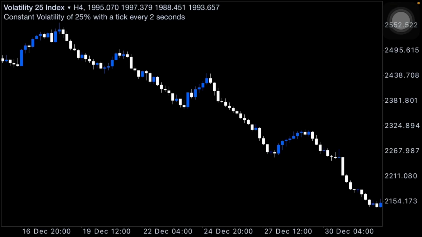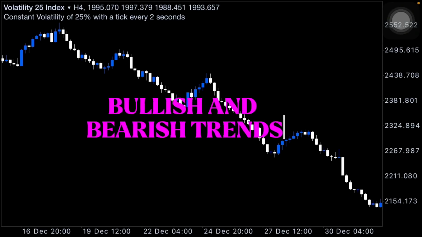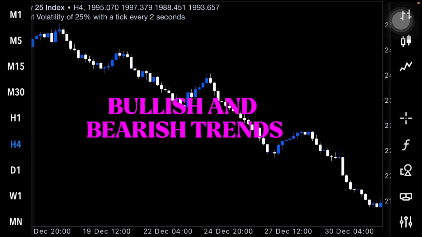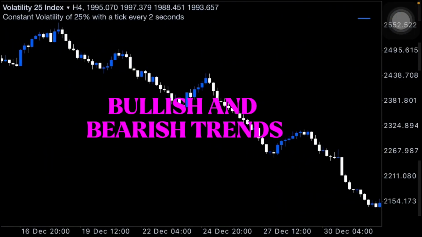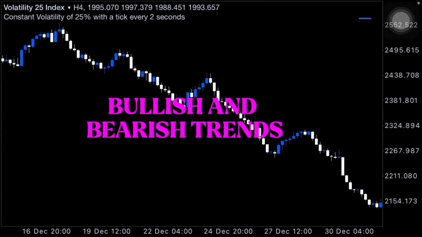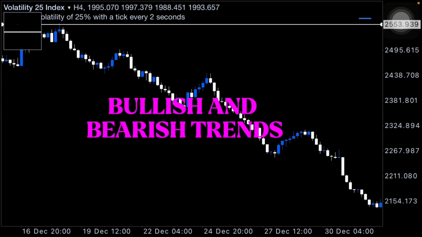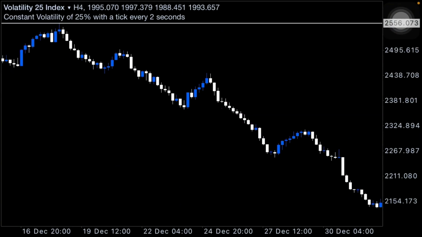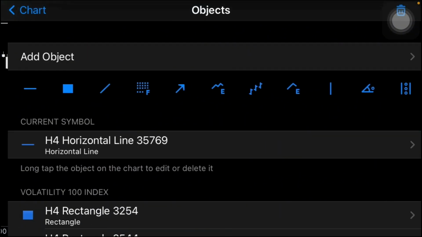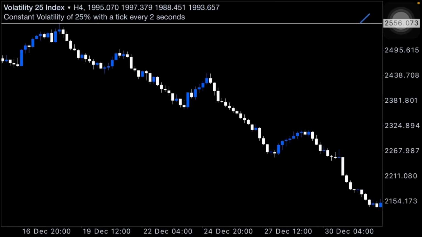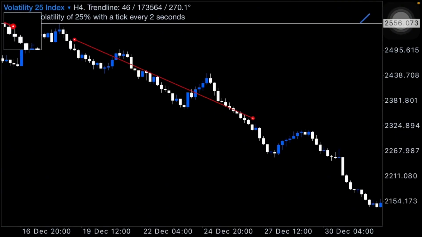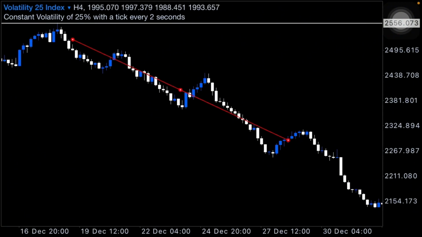That is where our first point comes into play, which is bullish and bearish trends. I have a simple method that I use to determine the trend. This is how I go about it. I'll pull out my horizontal line and mark out the swing high.